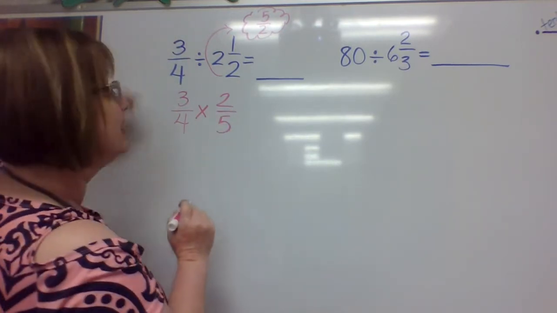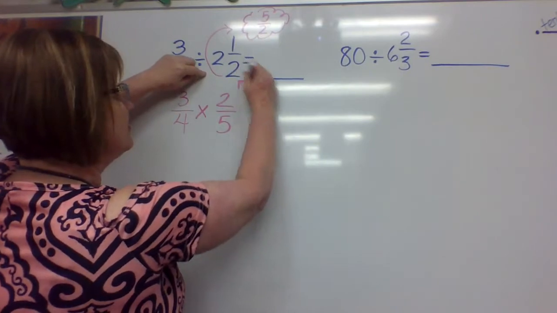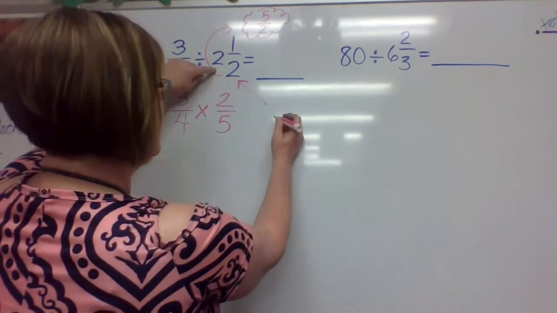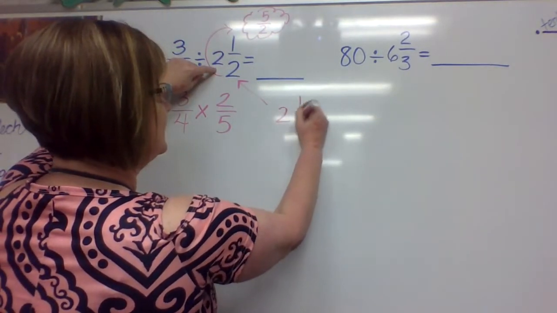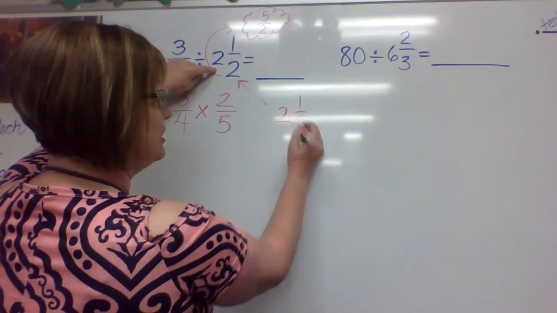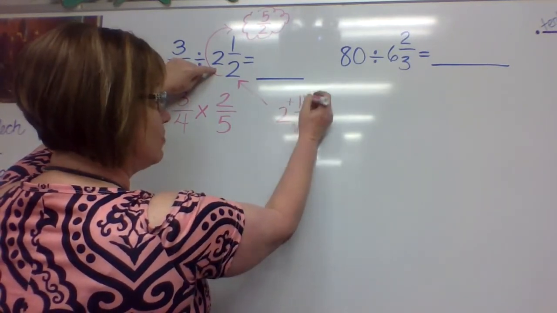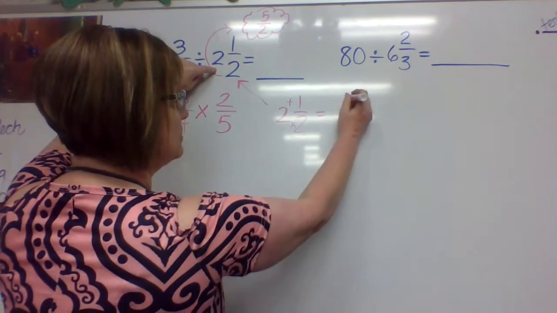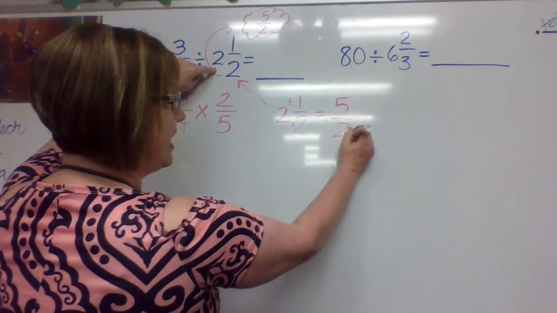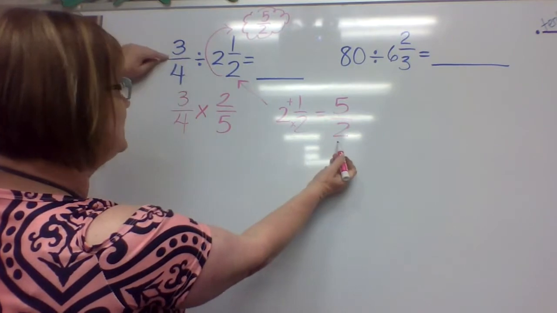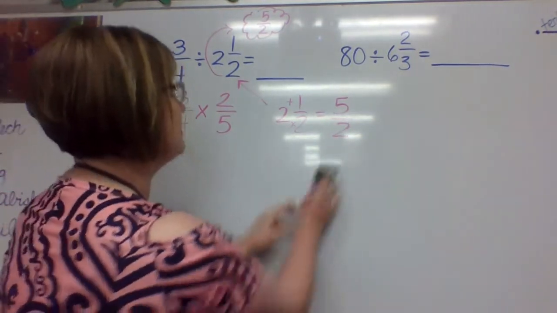Do you see? Up here, if we do the backward C on 2 and 1/2, 2 times 2 is 4 plus 1 is 5, so 2 and 1/2 equals 5/2. In fact, let me rewrite this.